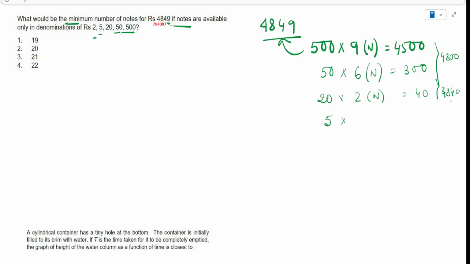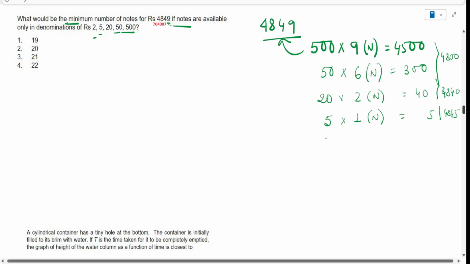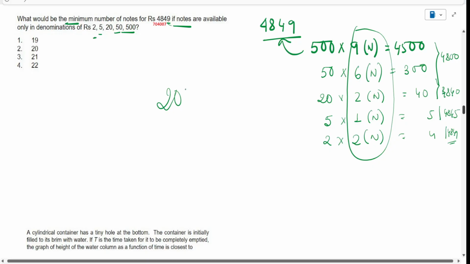Then 5 rupee note, we can take only one note, and from this the sum is 4845. Then 2 rupee coin, 2 numbers, this is 4 rupees, and this is 4849. So what is the total number of notes? So a total of 20 notes are required at minimum.